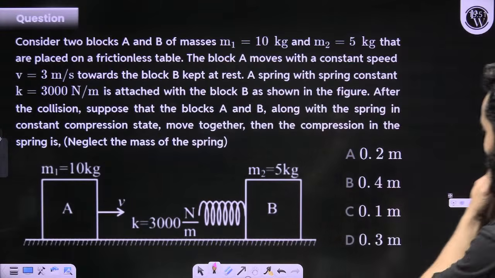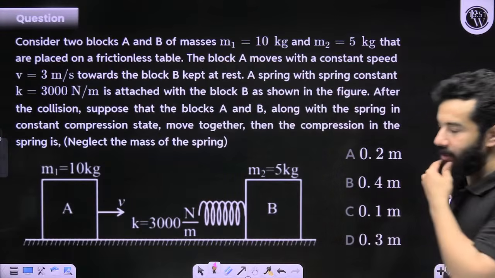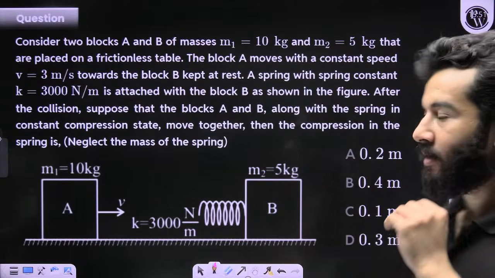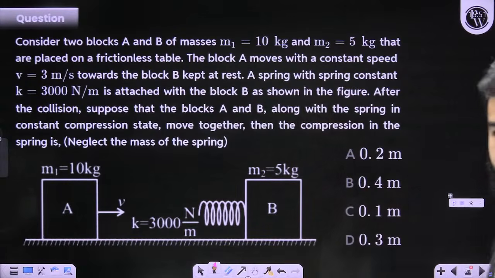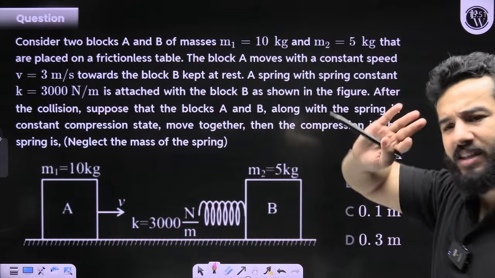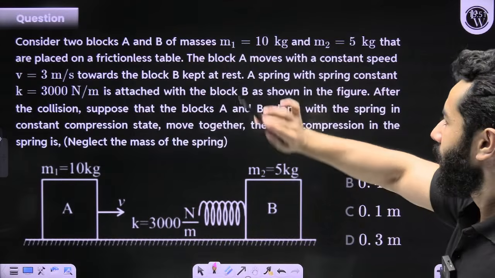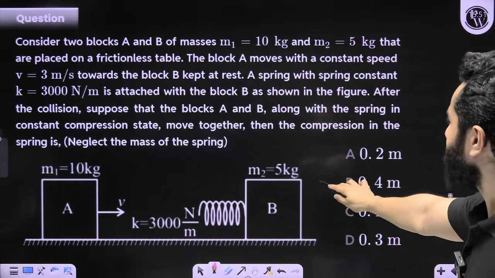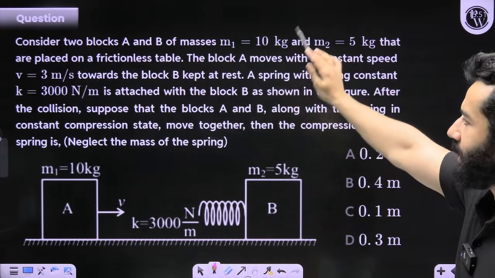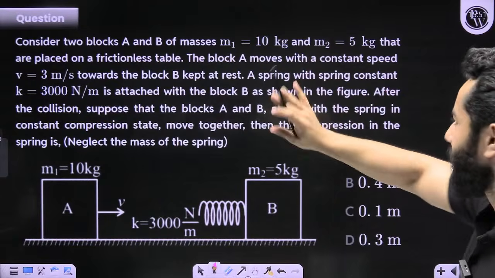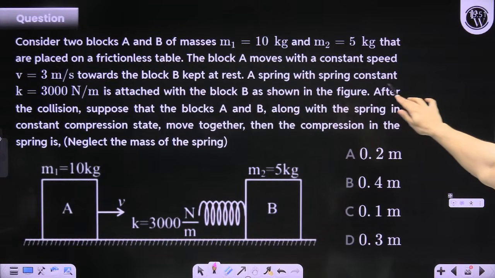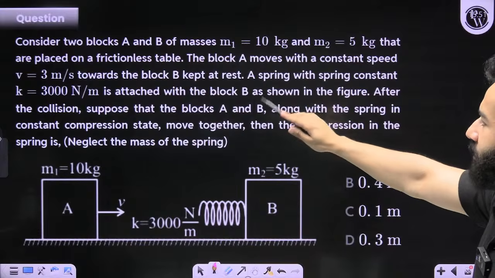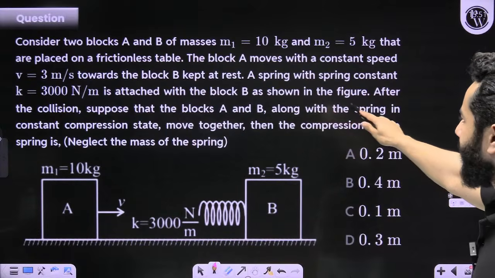Let's see this question. Let's read it together. It's an easy one, don't worry. Consider two blocks A and B of masses 10 kg and 5 kg kept on a frictionless table. The block A moves with a constant speed of 3 meter per second towards block B kept at rest.